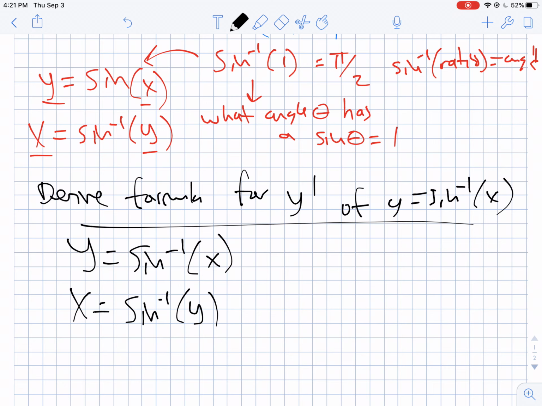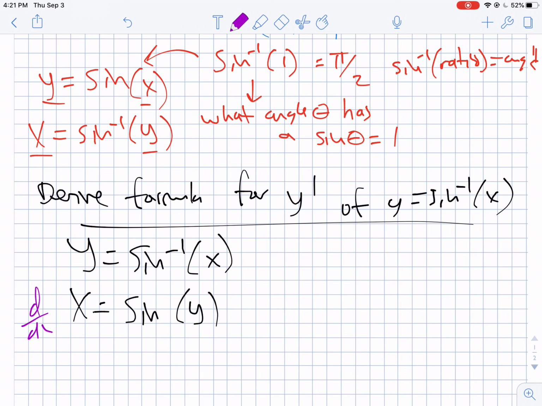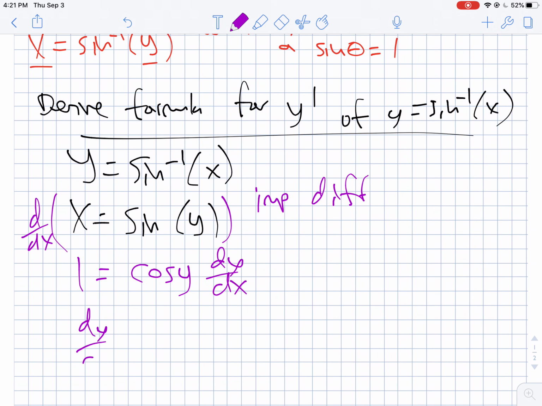So then what we're going to do is implicit differentiation to find a derivative. So we get 1 equals the cosine of y times dy dx. So that means that my dy dx is equal to 1 divided by cosine of y.